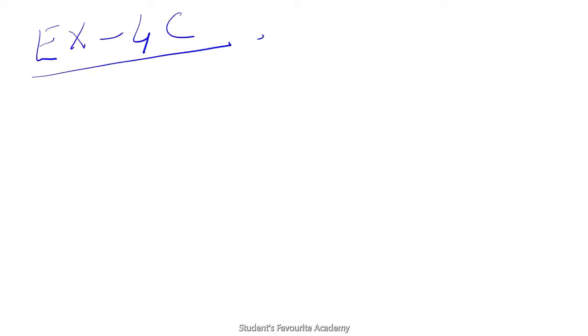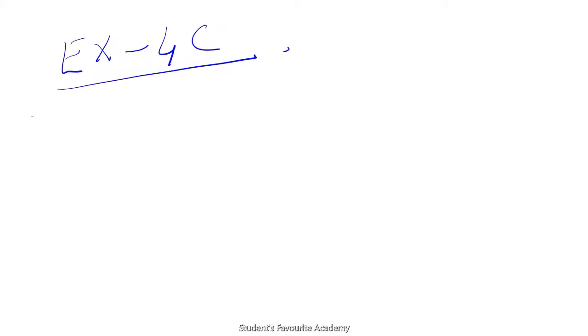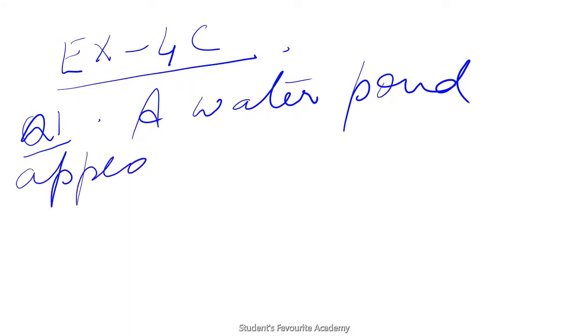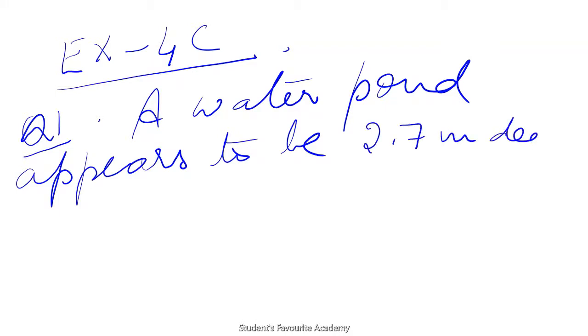Now exercise 4C. Question 1. A water pond appears to be 2.7 meter deep.